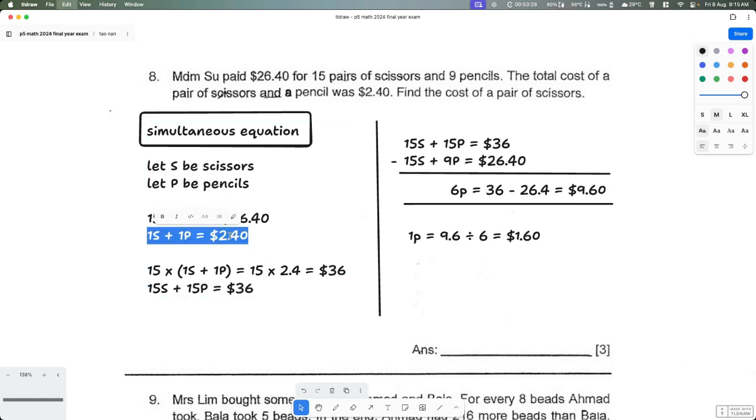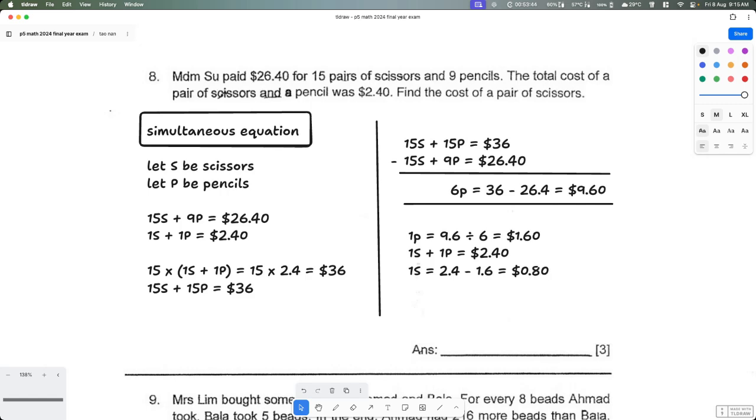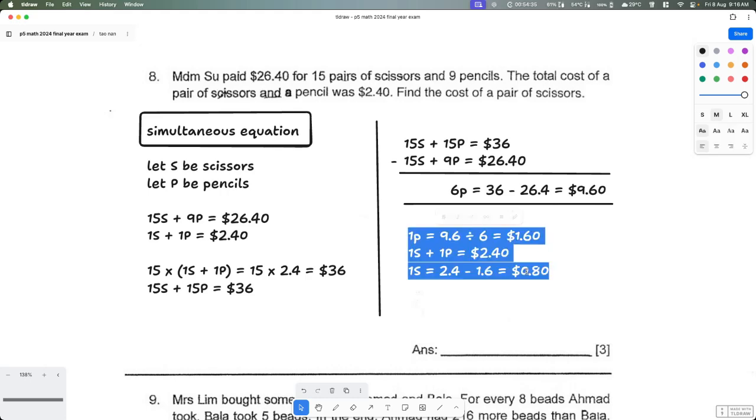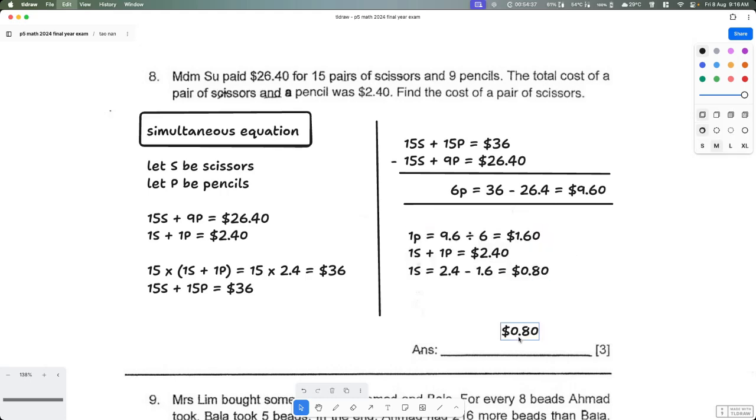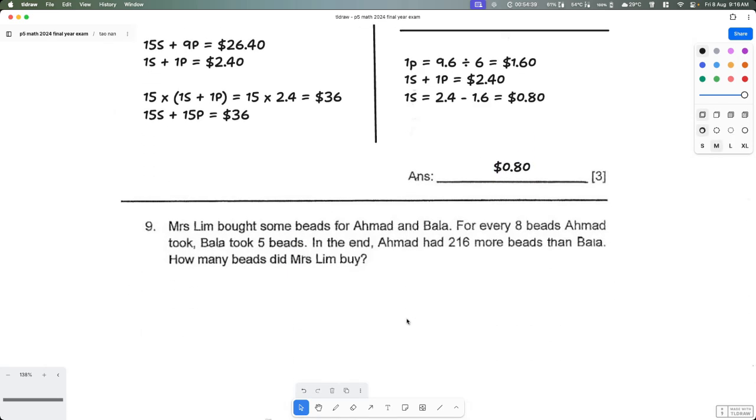Since we know one pencil is this, then one scissors is equal to 2.4 minus 1.6. This will give us 80 cents, $0.80. Okay, so that's the answer, 80 cents. All right, let's move on to the next question.